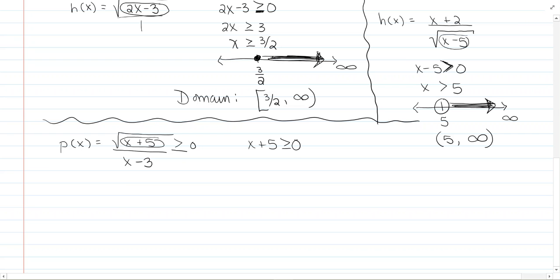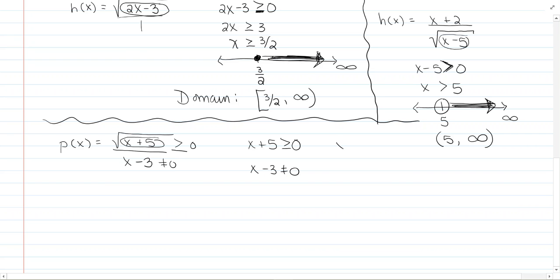And again, the only reason I'm messing with the numerator of this fraction is because it has a square root in it. The denominator, all right, is automatically set not equal to 0. There's no radical here, so I'm not using the greater than or equal to symbol. This is straight up not equal 0.